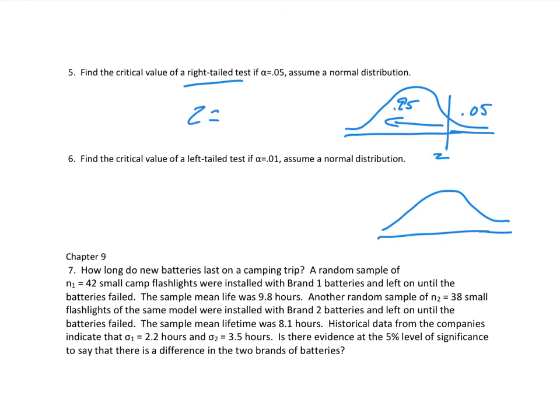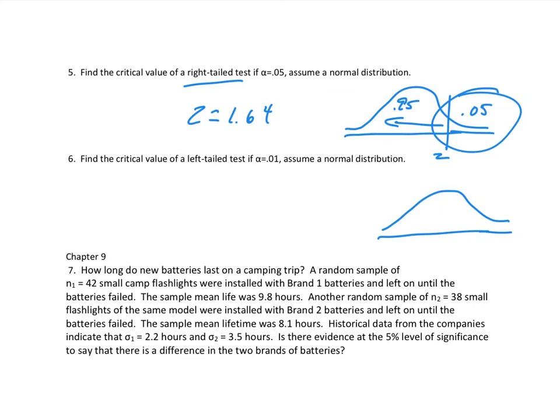So I can either inverse norm 0.95, which will give me my z-score with the correct sign, or I can inverse norm 0.05, which will give me a negative, but because I know I'm up here in the right tail, my z-score needs to be positive.